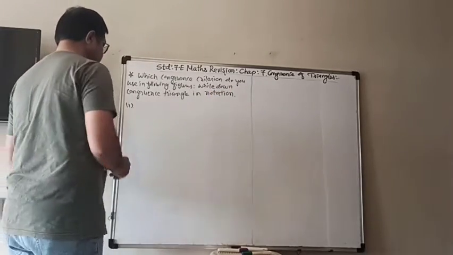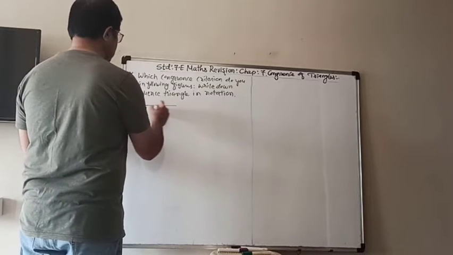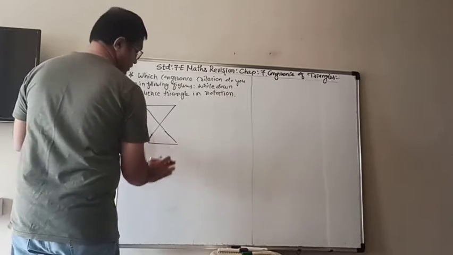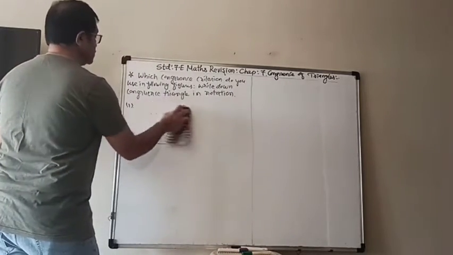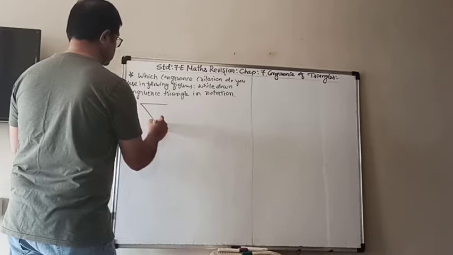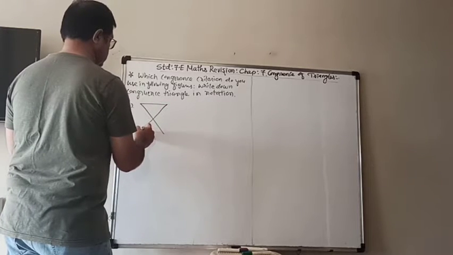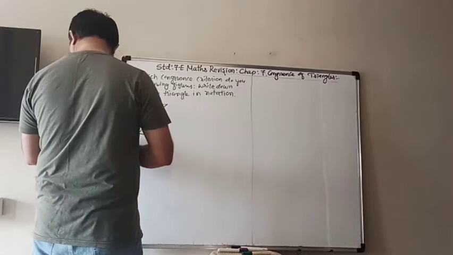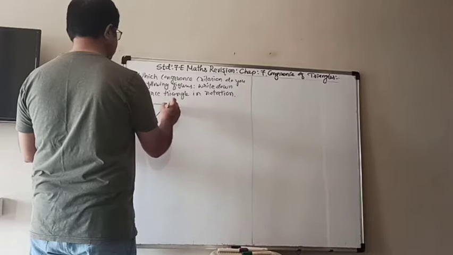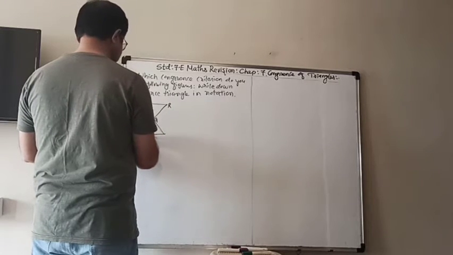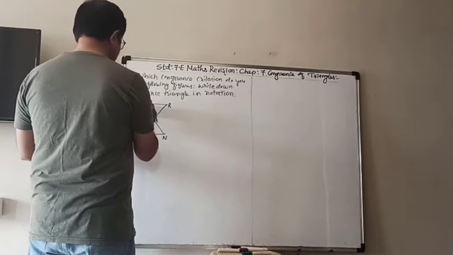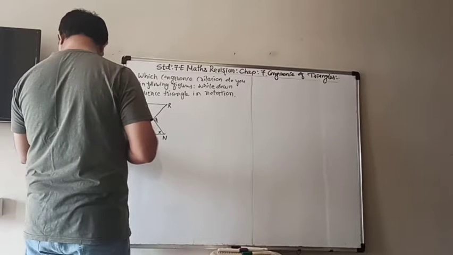So the first figure is here. Two triangles are joined together. Triangle P, Q, R, M, N. This angle is shown like that.